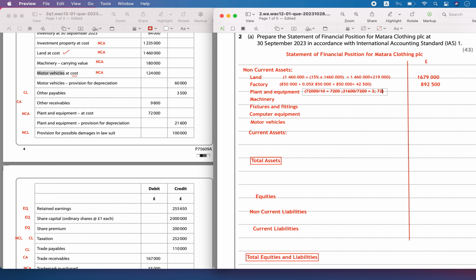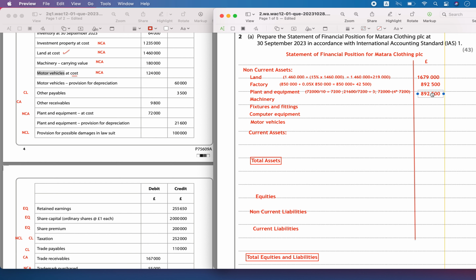So 72,000 minus 4 times 7,200. So that is going to be equal to 43,200.